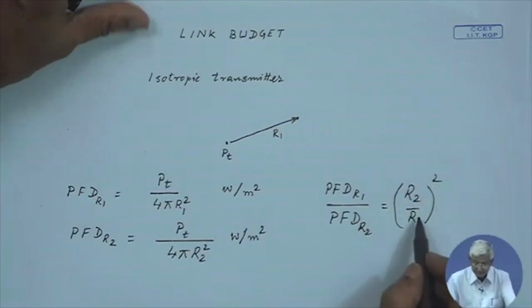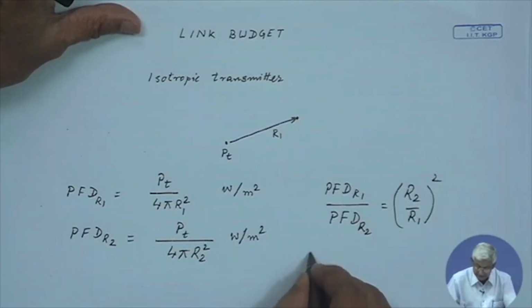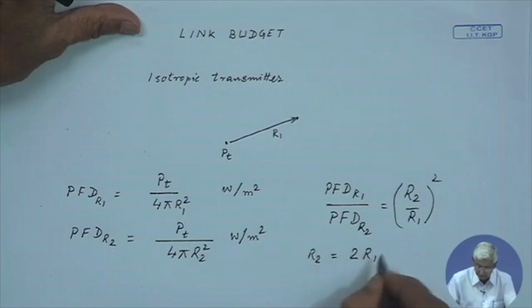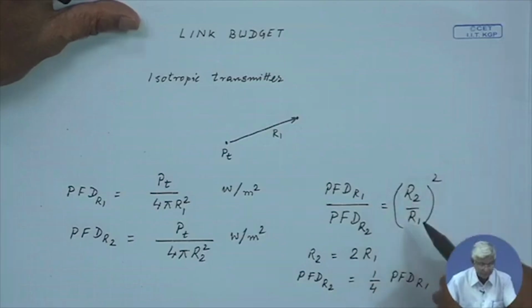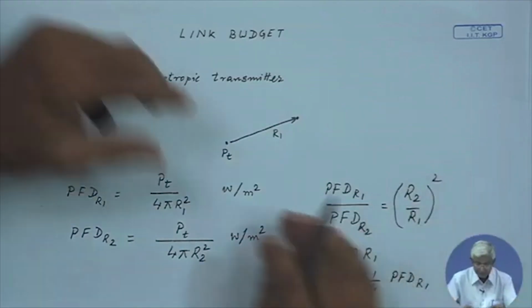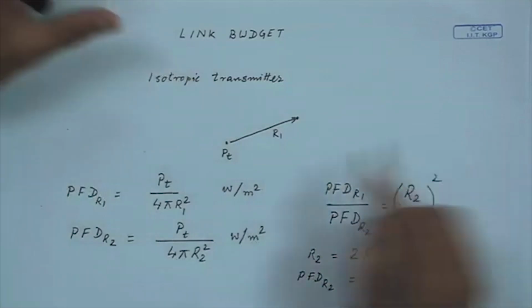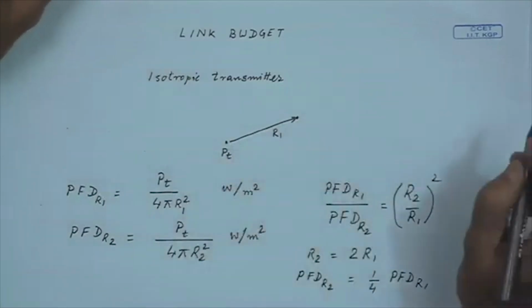That means if R2 is 2 times R1, then PFD at R2 is 1/4 of PFD at R1. It is the square of the ratio of the distance. So it is getting spread with the distance of the path.